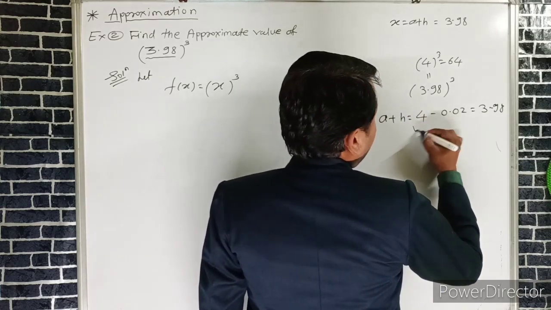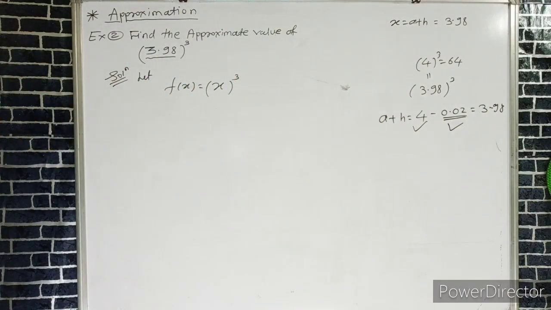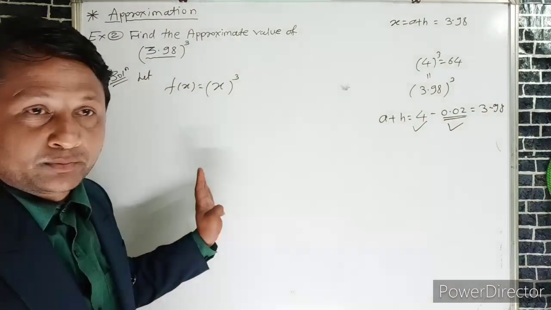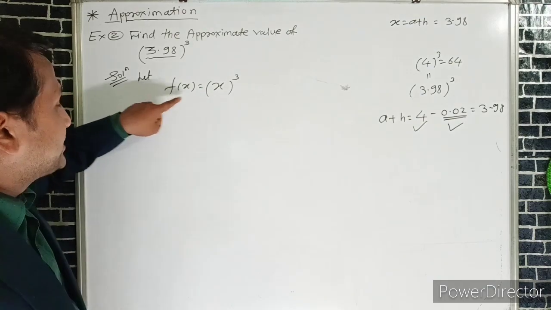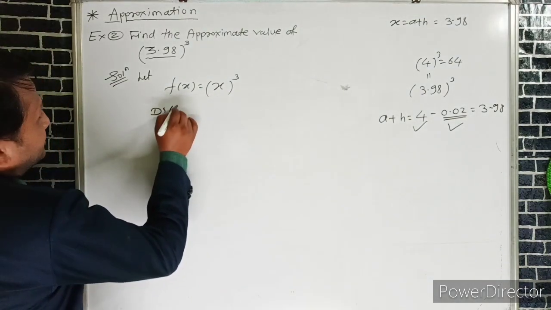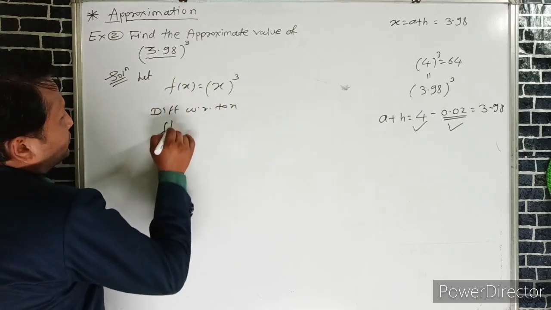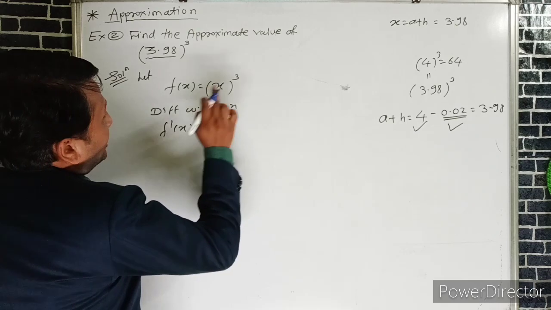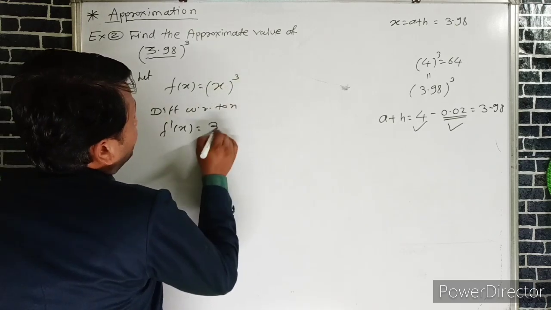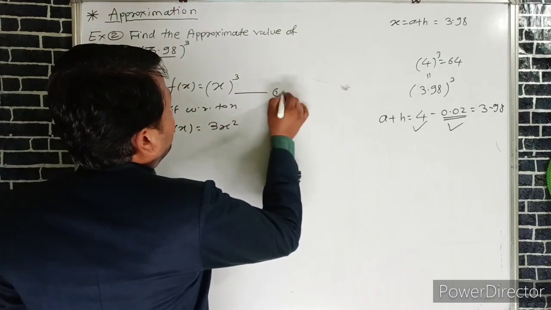Here a is 4 and h is minus 0.02, which is a small value. So first we consider that f of x is equal to x cube. If we differentiate the given function with respect to x, the derivative of f of x, which is f dash of x, and the derivative of x cube is 3x square, which is number 1.